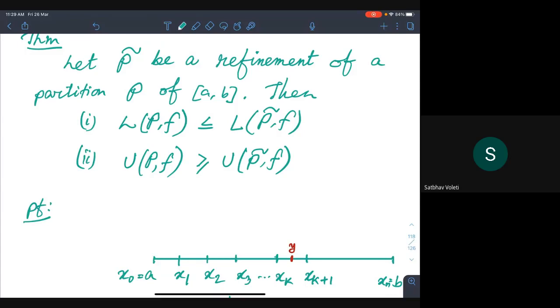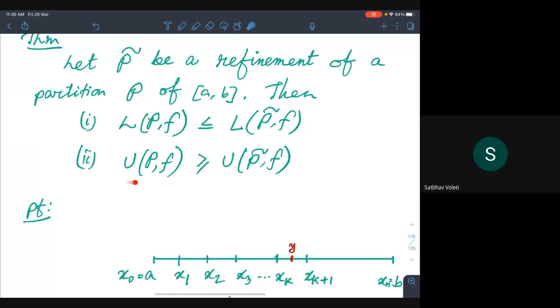Yeah. So this is very important. For a partition P and its refinement P tilde, the lower sum of P is less or equal to the lower sum of the refinement.